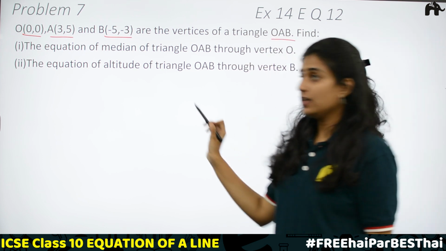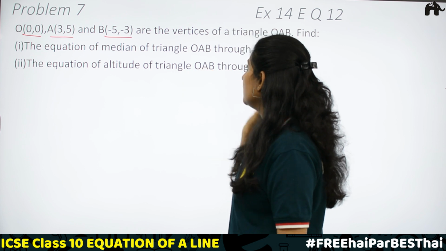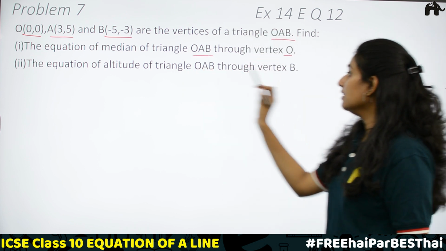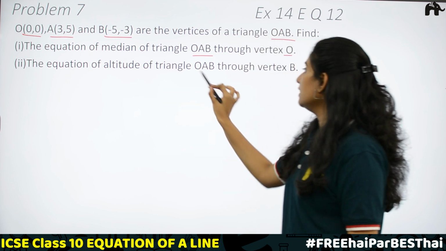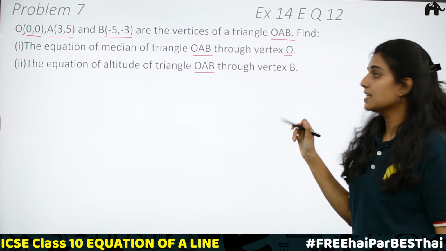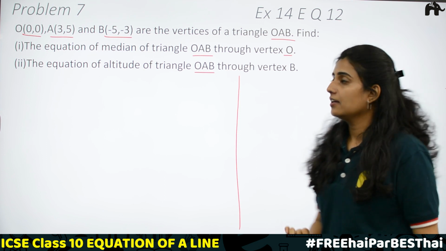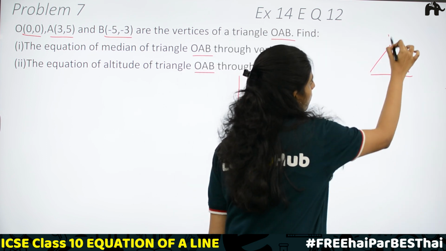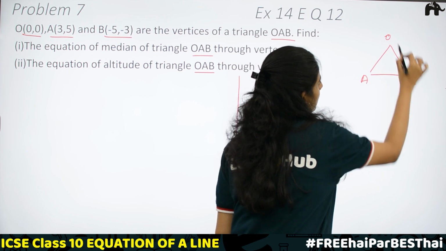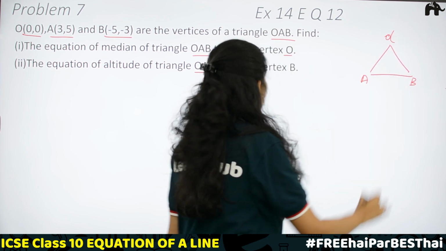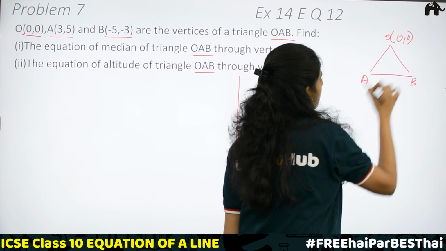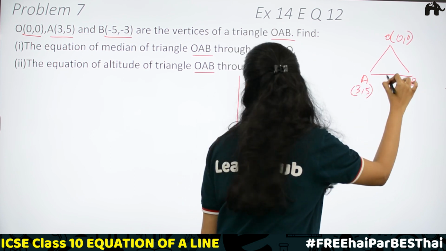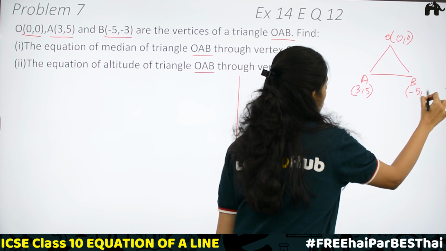Find the first question, the equation of the median of triangle OAB through vertex O. And the second one, the equation of the altitude of triangle OAB through vertex B. Here, we have a triangle OAB with coordinates O(0,0), A(3,5) and B(-5,-3).